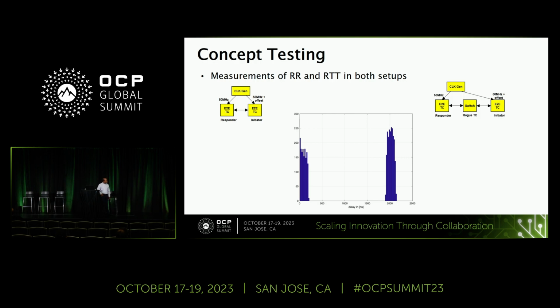So if there was ever a scenario where you have a very low false positive rate and very high statistical power of the test, this is probably one of them. That leads us to believe that this method of rogue TC detection will perform very well in practice.